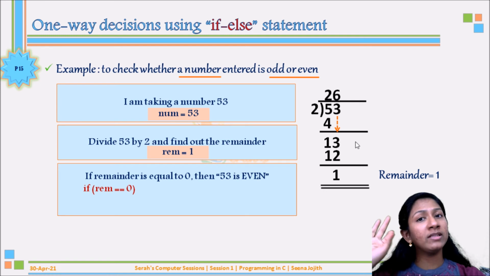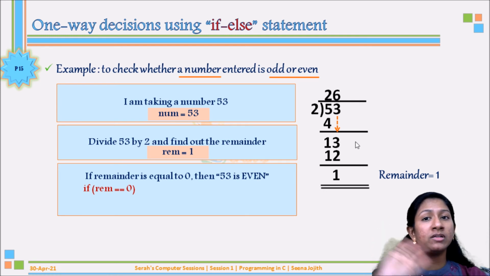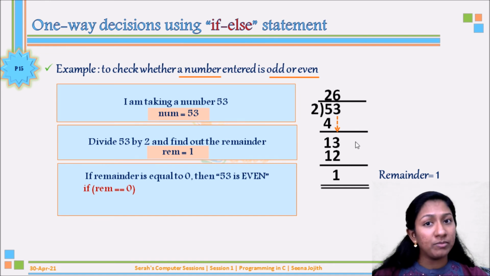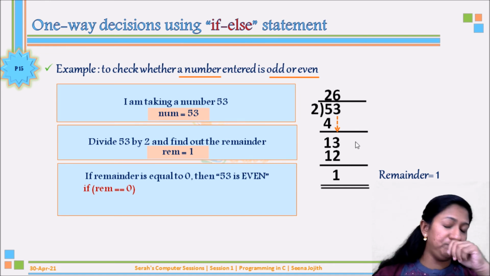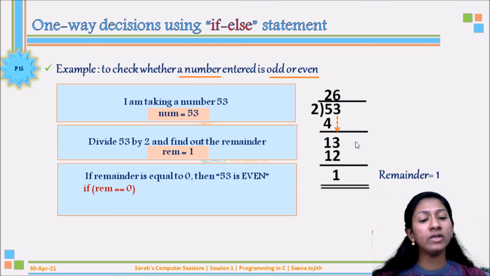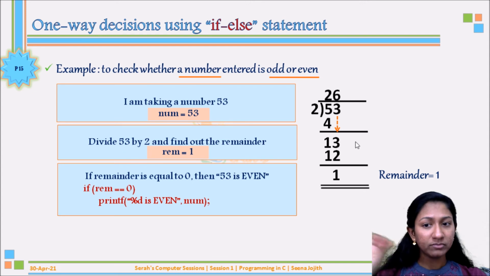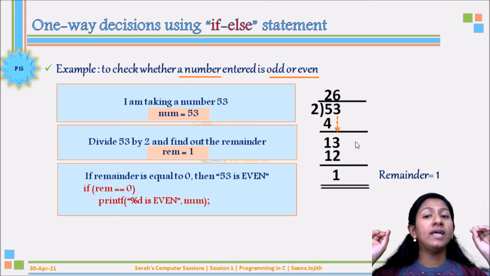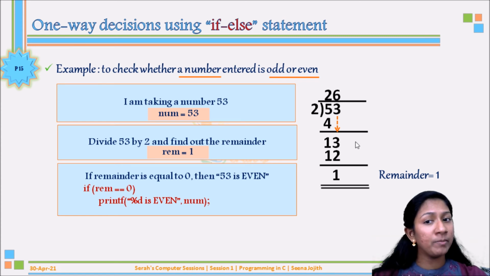How do we write the code for this particular condition checking? If rem equal to 0, printf("%d is even"). What should appear in place of %d? It's the number itself, right?